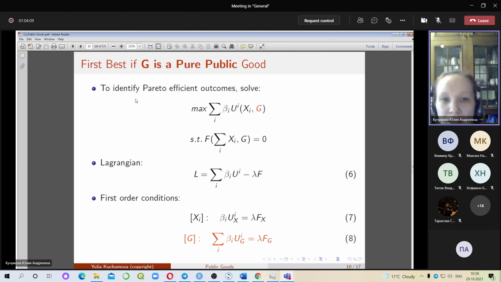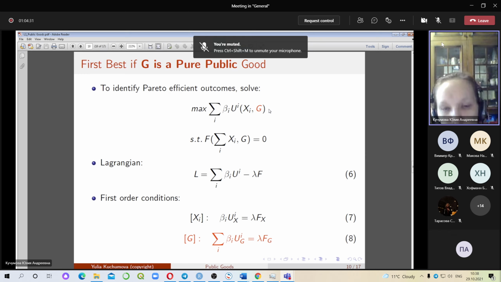So now we again maximize the social welfare, which is the same with only one difference: now utility depends on the public good.